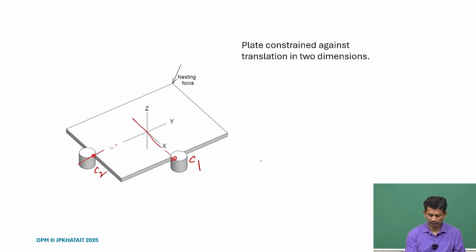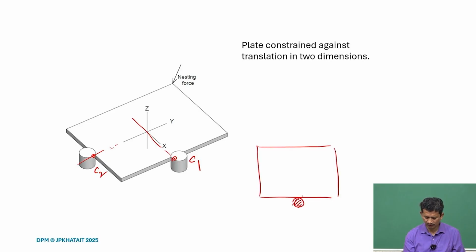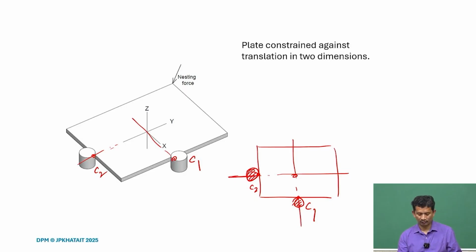So, if you again try to analyze, one post here, C1, and then another here, C2. These are the constraints now defined along C1 and C2, which is along x and y.